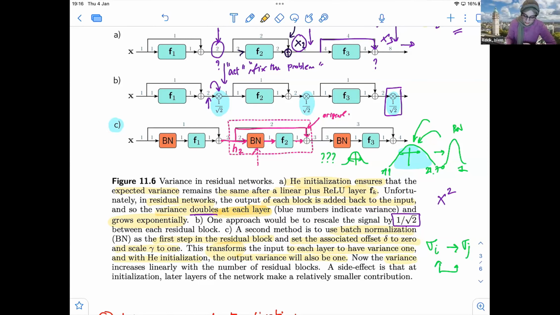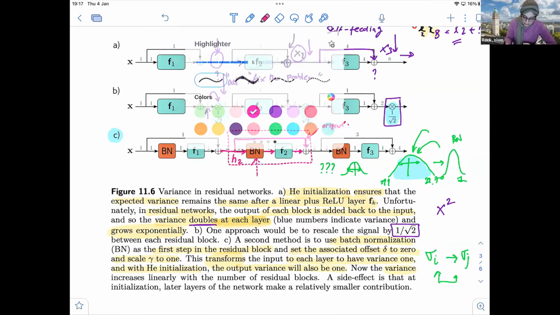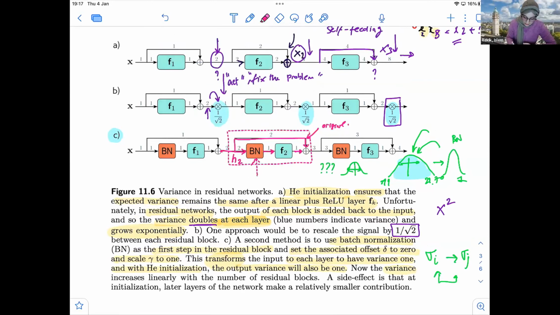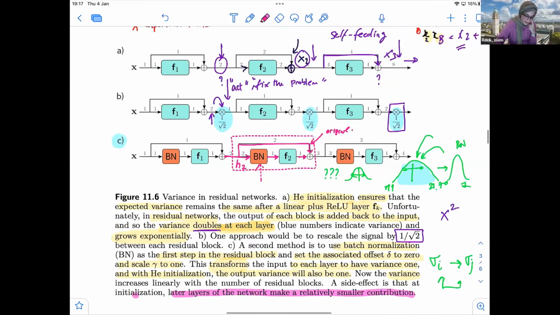A side effect to this is that the later layers of the network make relatively smaller contributions. So why is that? Because every time you're controlling, it's actually very logical. Each BN, at the beginning you have a very funky distribution, and then you're forcing each layer to have a similar distribution.